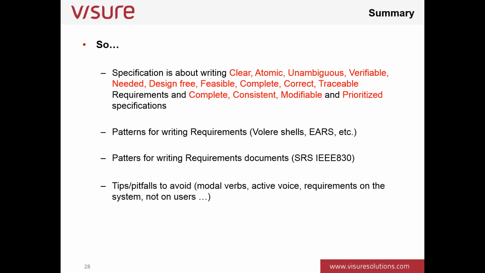Okay, that for each single requirement. And also the whole specification, the whole document, must be complete, consistent, modifiable, and prioritized.